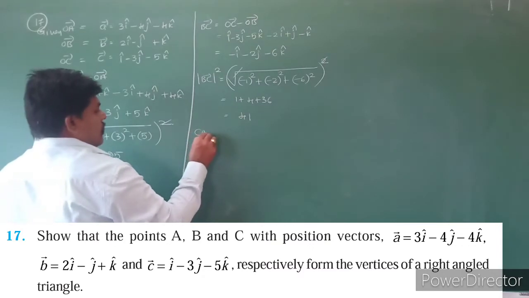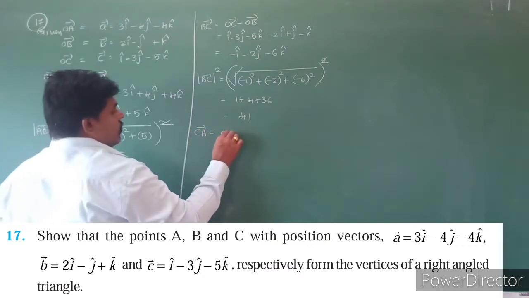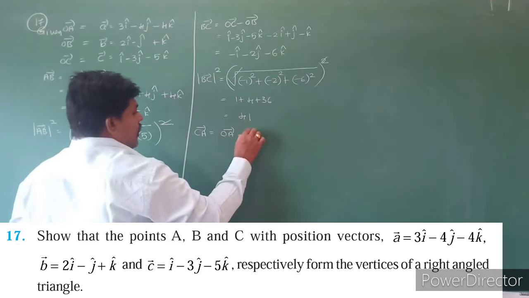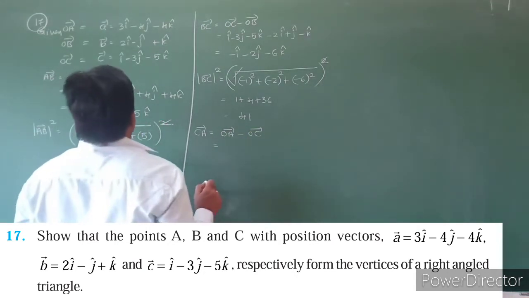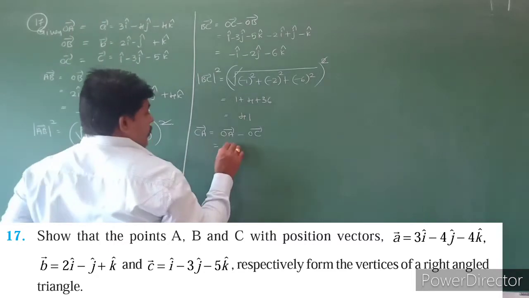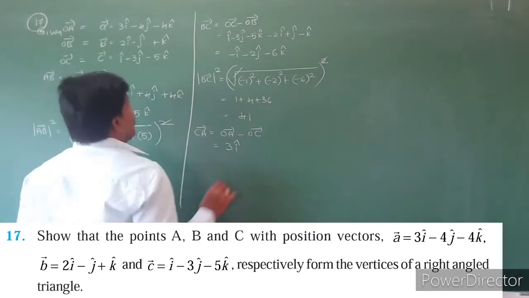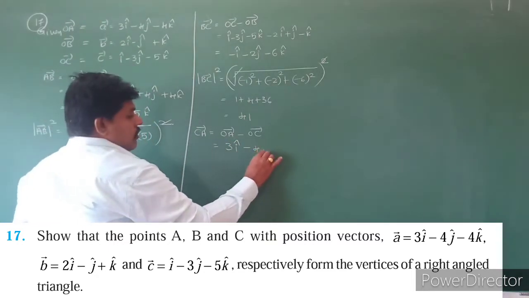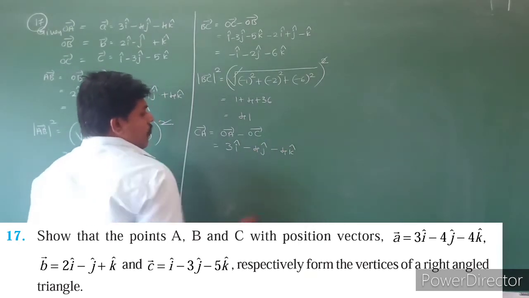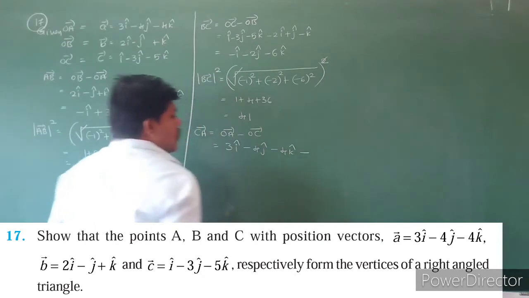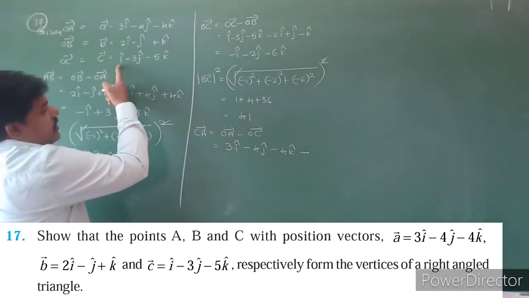Next I will calculate the CA bar vector. CA bar is equal to OA bar minus OC bar. OA bar is nothing but 3i minus 4j minus 4k, minus OC bar. OC bar is here, just apply the minus.